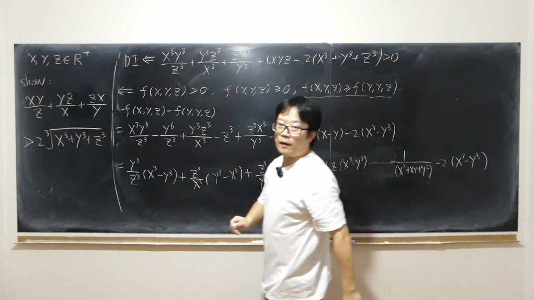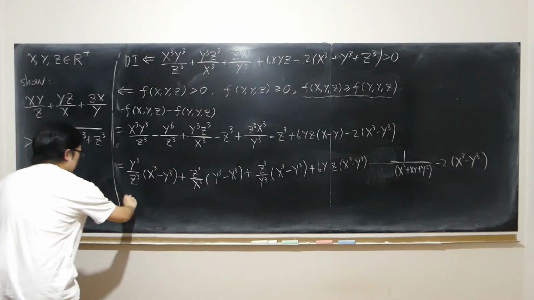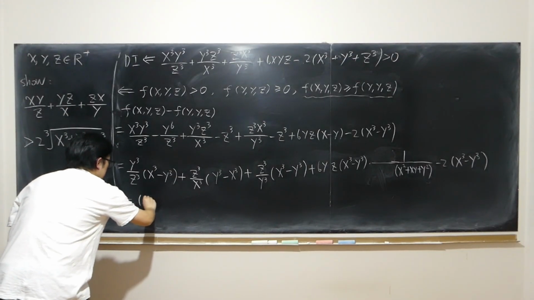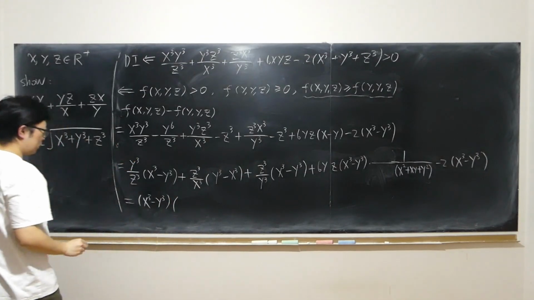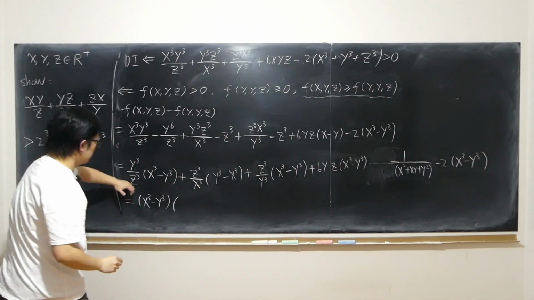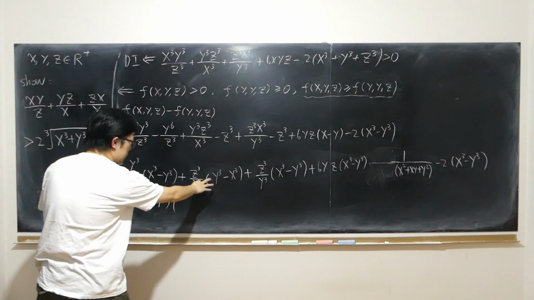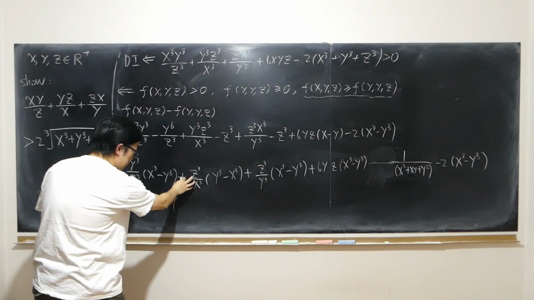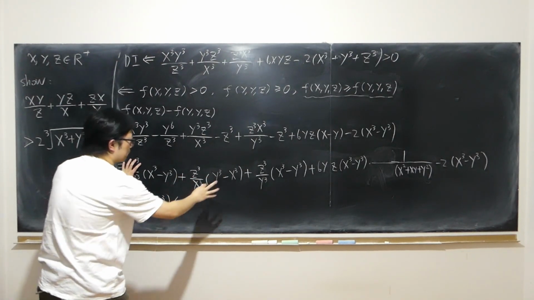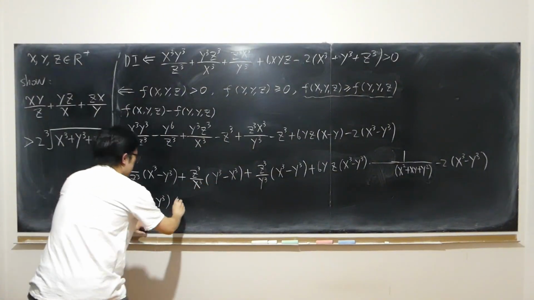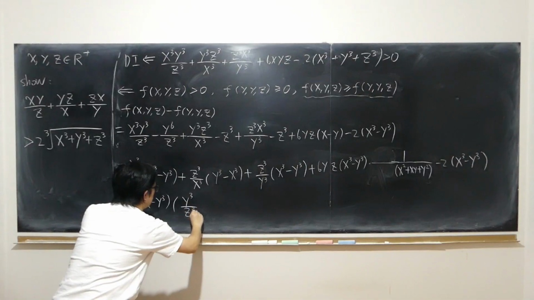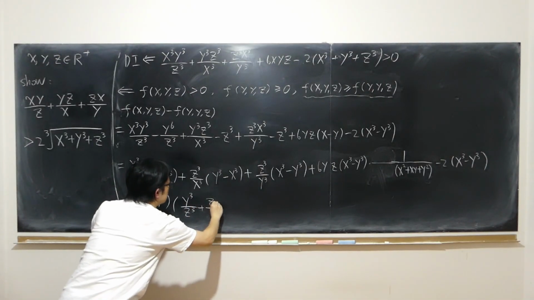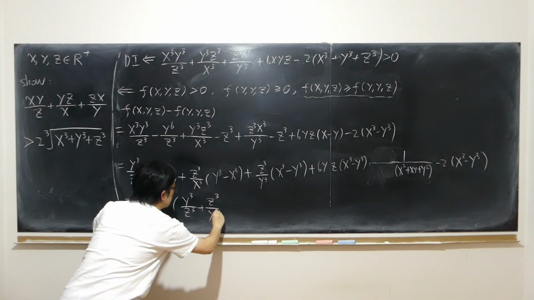So now we have a common factor. We immediately factor out x cubed minus y cubed. Here we have what? Remember, this is a different sign, we have to change the sign here. But we keep this term and this term, those two terms, y cubed over z cubed plus z cubed over y cubed.